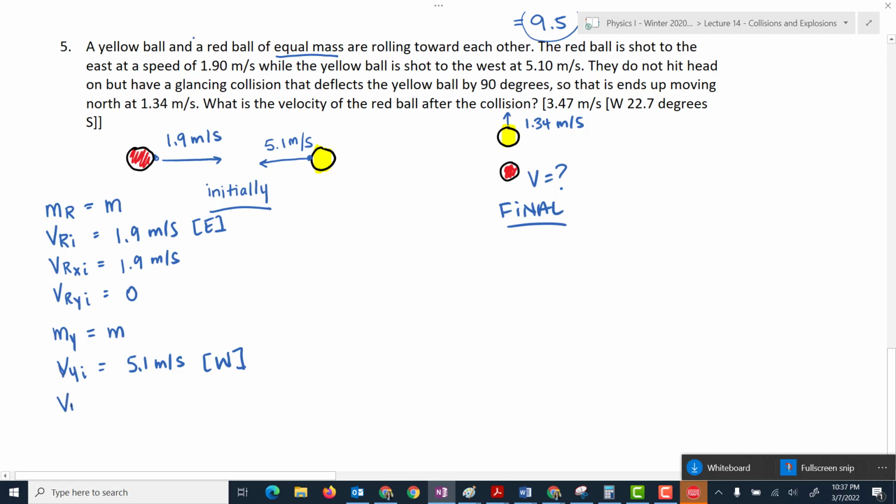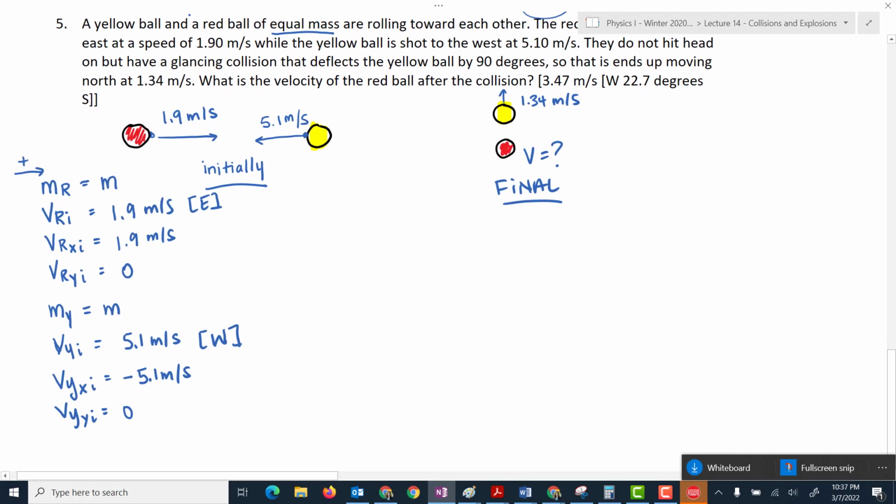So we have velocity yellow x initial and velocity yellow y initial. It's going purely west, so it only has an x component, and it's negative if we say positive is to the right, which I'll say up here just to be clear. Positive is east or to the right, so the velocity of the yellow ball in the x direction initially is negative 5.1 meters per second, and it doesn't have a y component because it's only going west, not north or south at all, so it'll be 0.